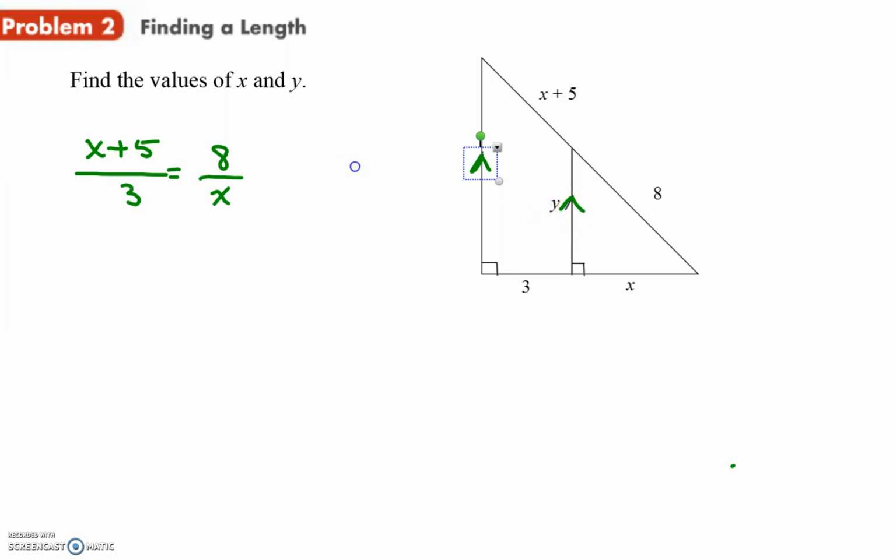It's on that parallel line there. So my proportion is x plus 5 over 3 is equal to 8 over x. Remember, yours could look a little different, but if you're following the properties of proportions, you should be equivalent to mine at least. Okay, cross multiply, making sure to distribute to that whole binomial.